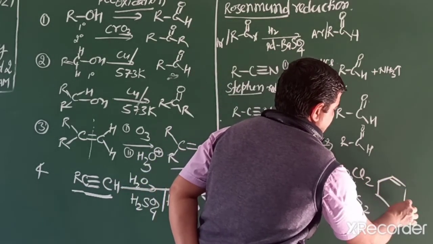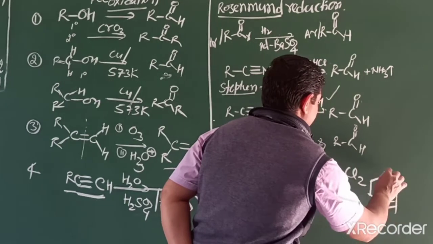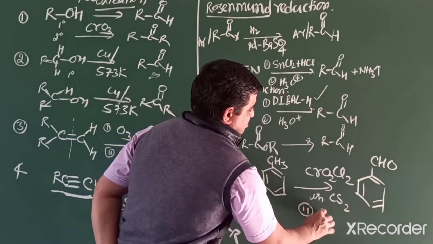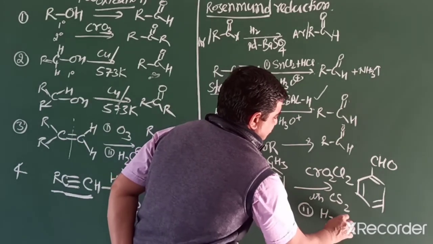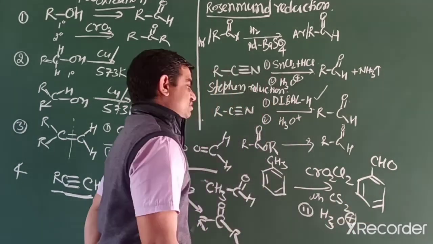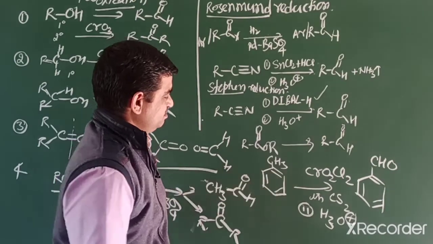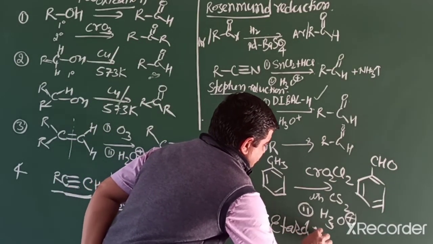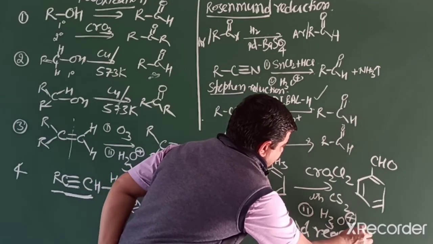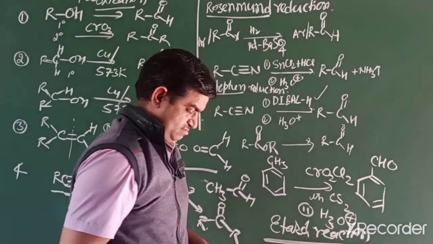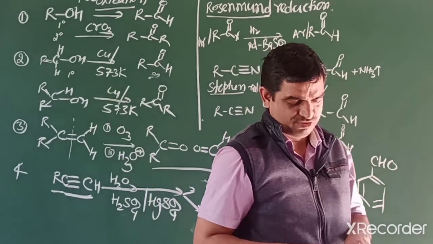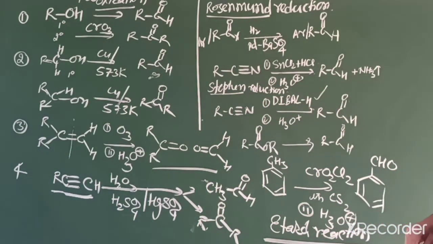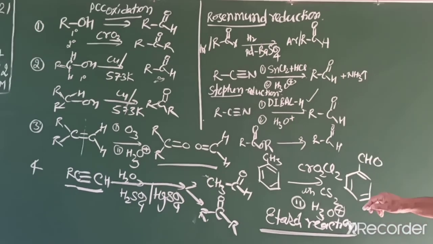We get a complex, and ultimately the compound changes into aldehyde in the second step by hydrolysis. That one is Etard reaction. And we can use chromium trioxide also in acetic acid, so that is also a good product.